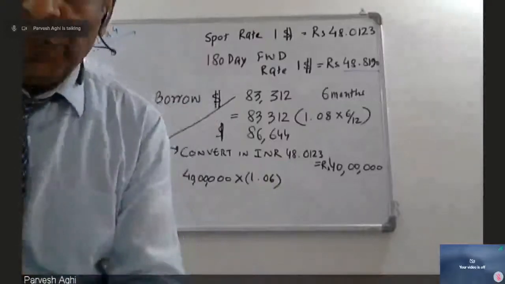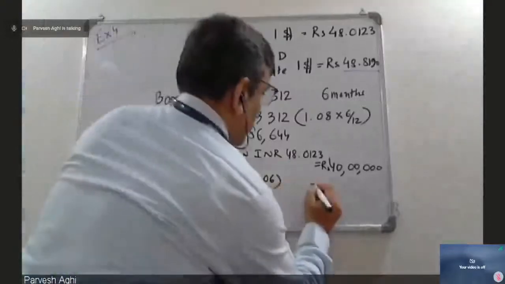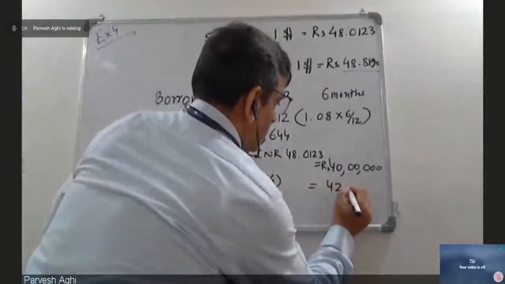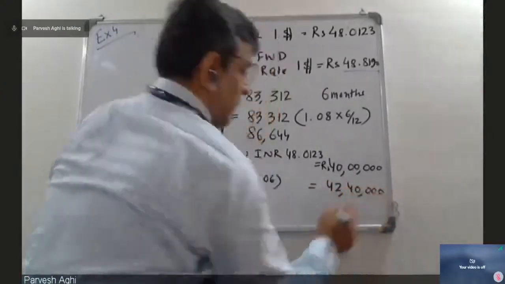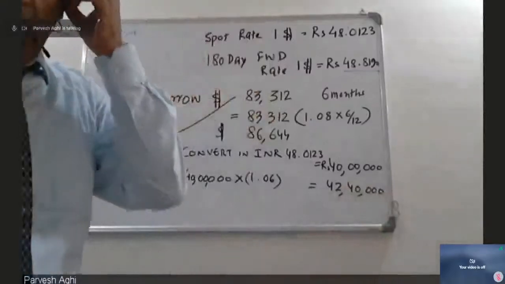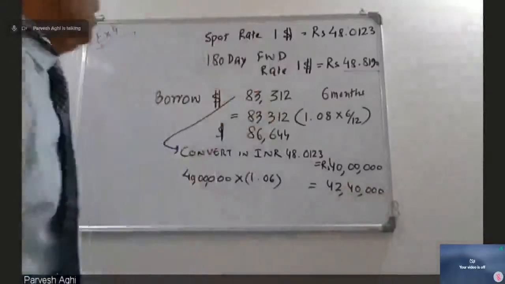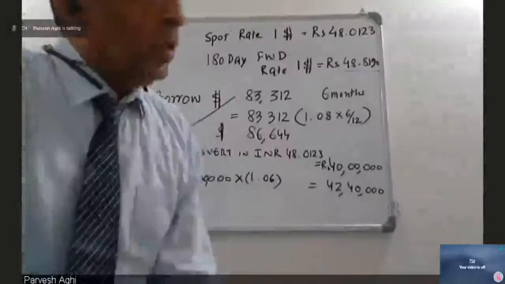So it will become 42 lakh 40,000. So this money will grow to 42 lakh 40,000.